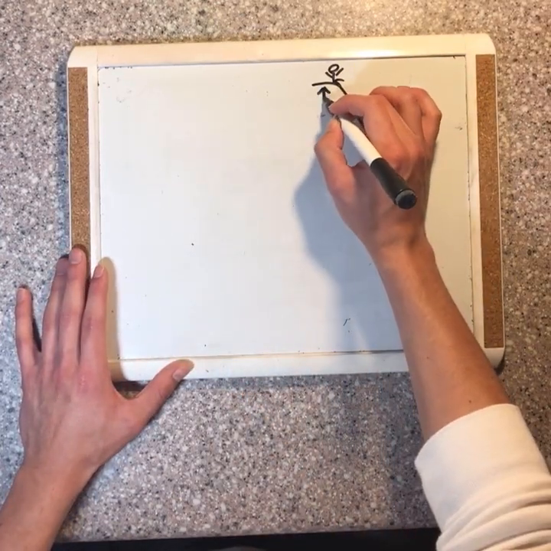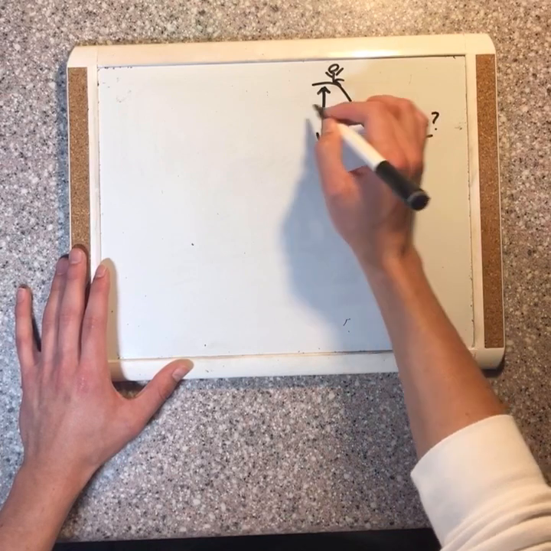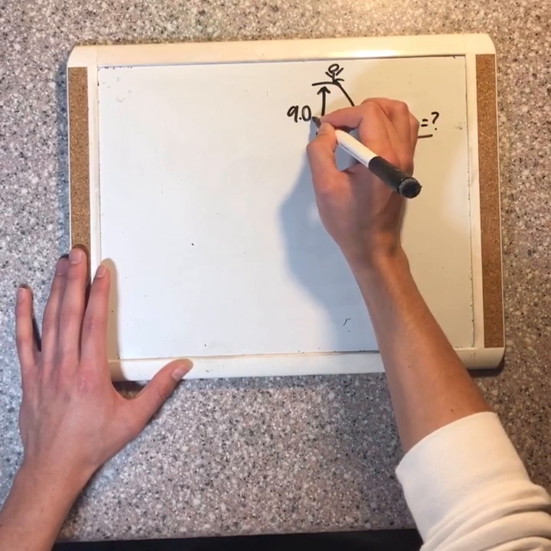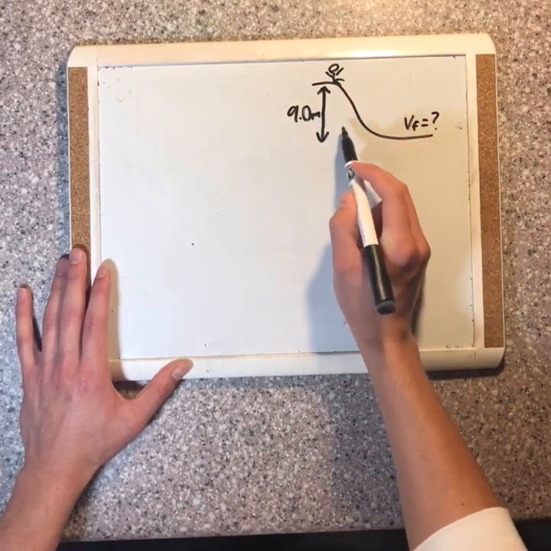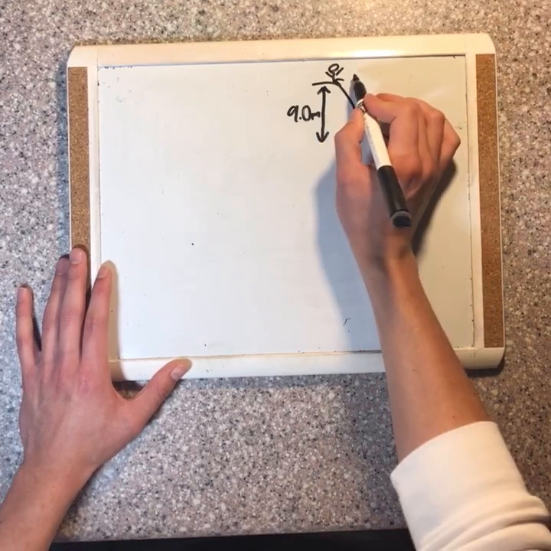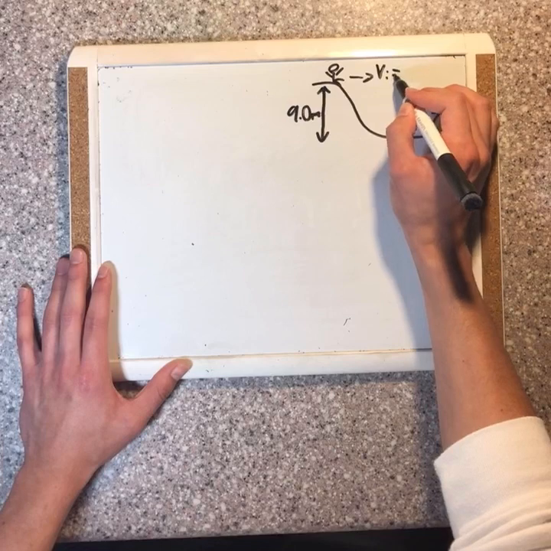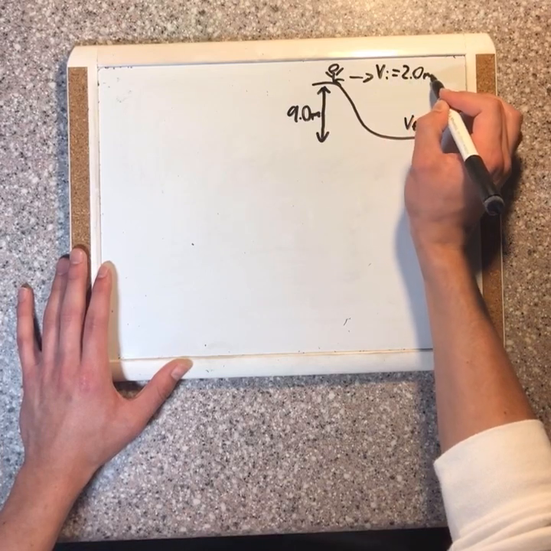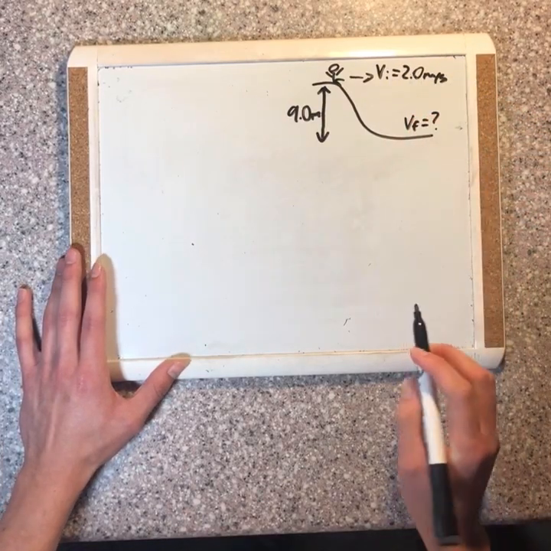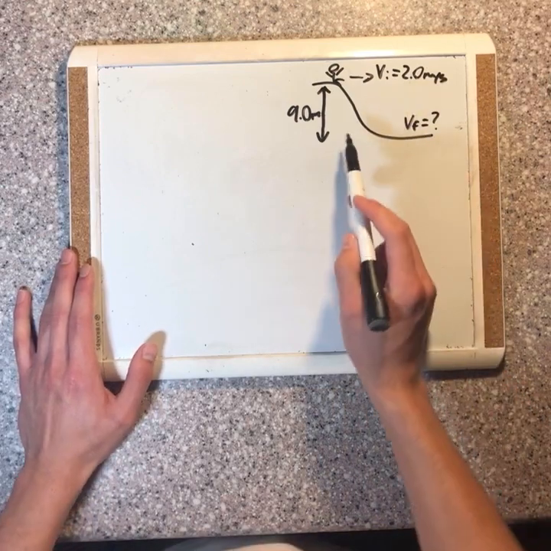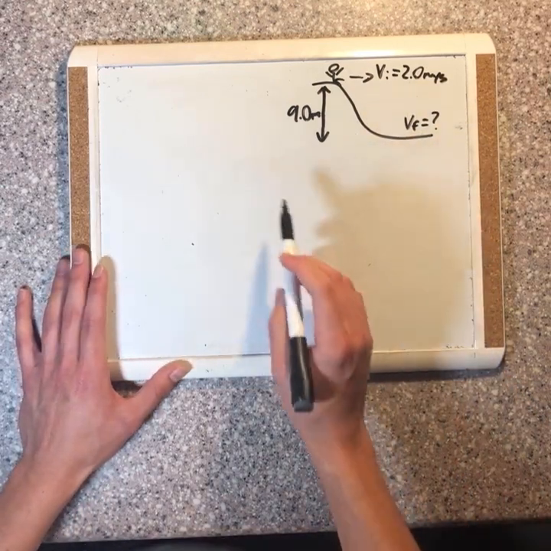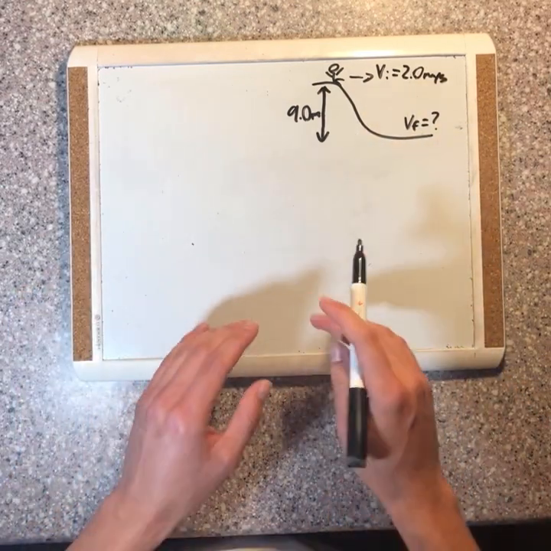First is that they are 9 meters above the ground. Second, their v initial is equal to 2.0 meters per second.